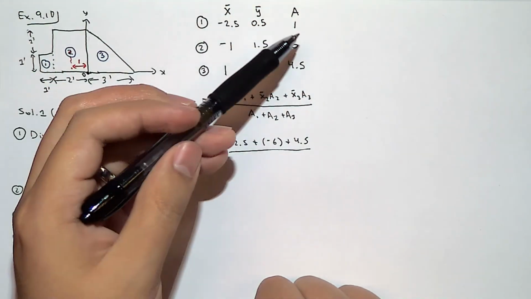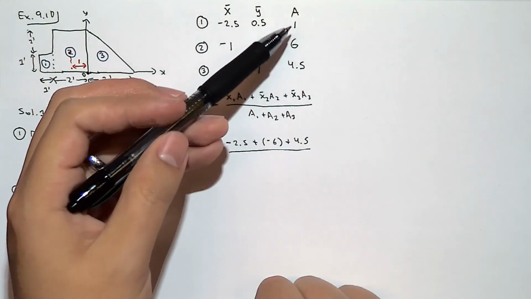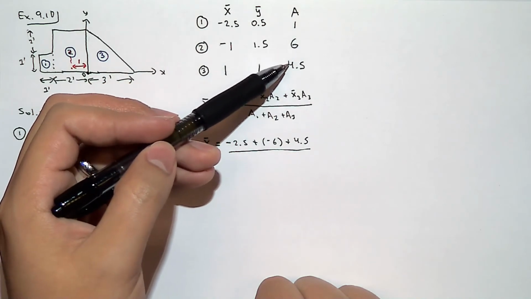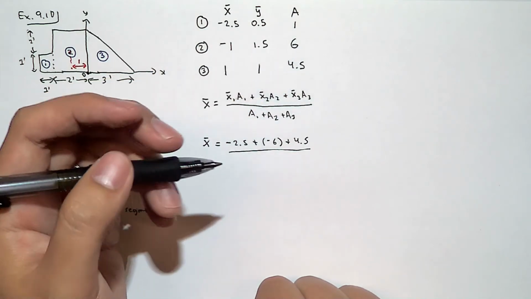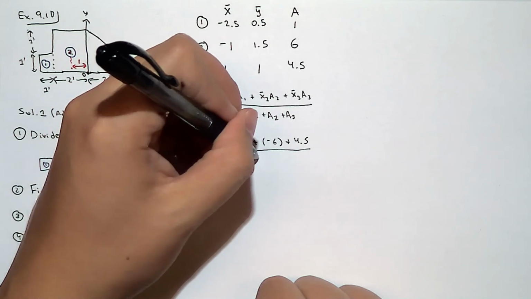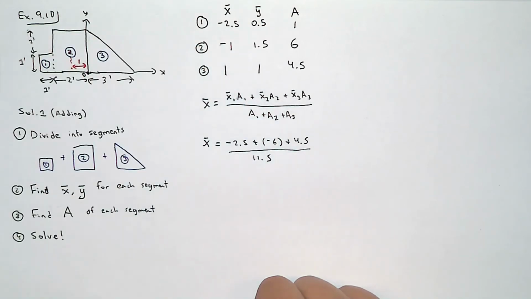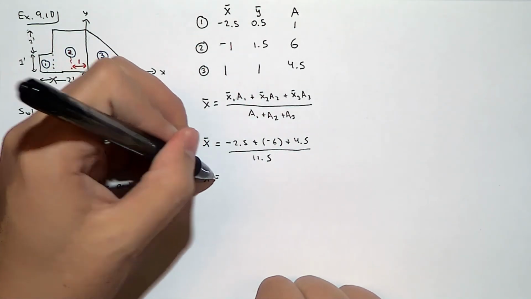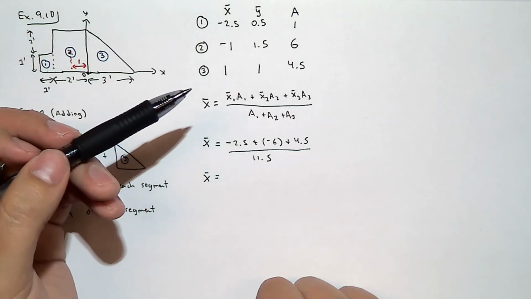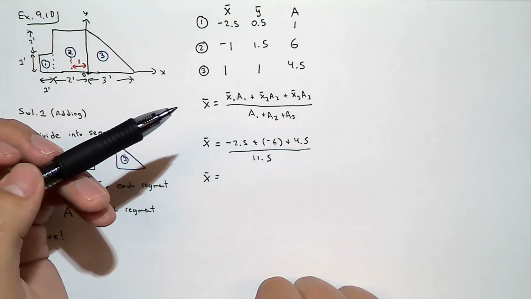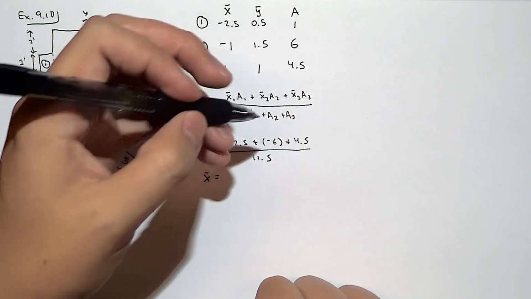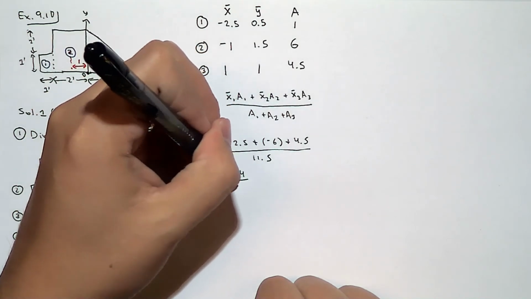In the denominator, I have area 1 plus area 2 plus area 3. 1 plus 6 is 7 plus 4.5 is 11.5. Let's see, minus 2.5 plus 4.5 is 2, minus 6 is negative 4, so negative 4 over 11.5.